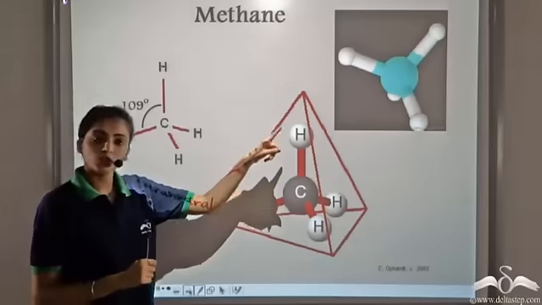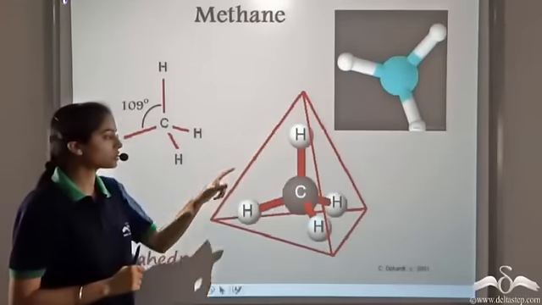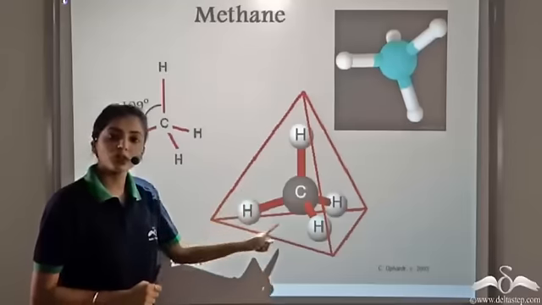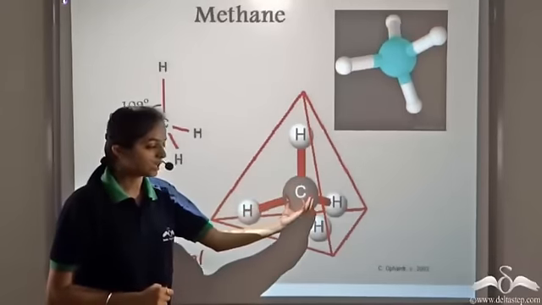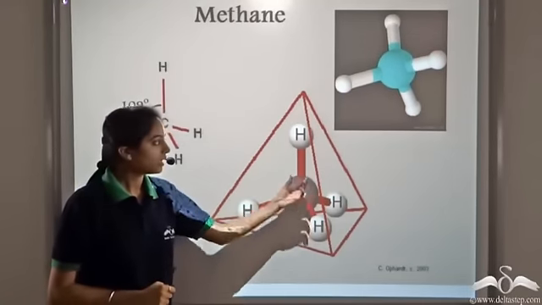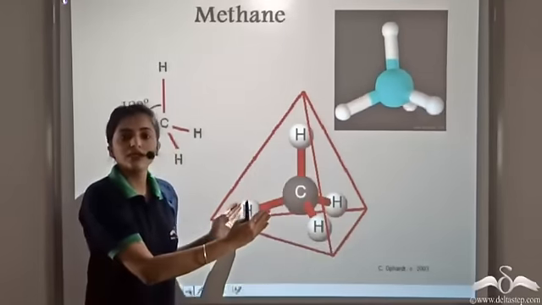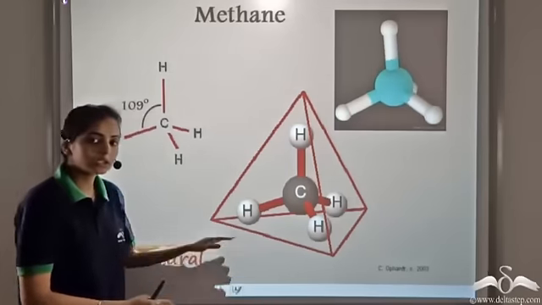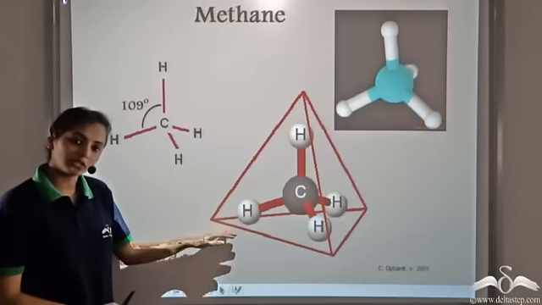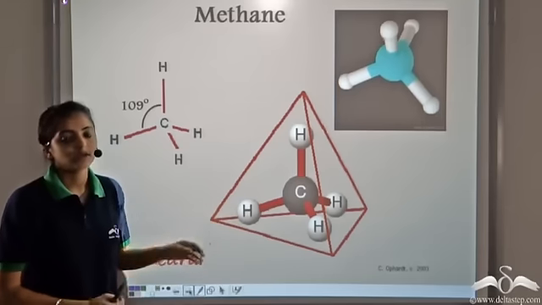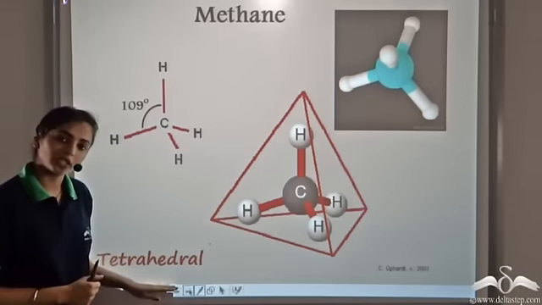This structure is also known as a tetrahedral structure. As you see, it represents a pyramid. The carbon is in the center, and the four hydrogen atoms take the vertices as they do in a pyramid. So this structure, the tetrahedral structure, is the actual structure of methane.